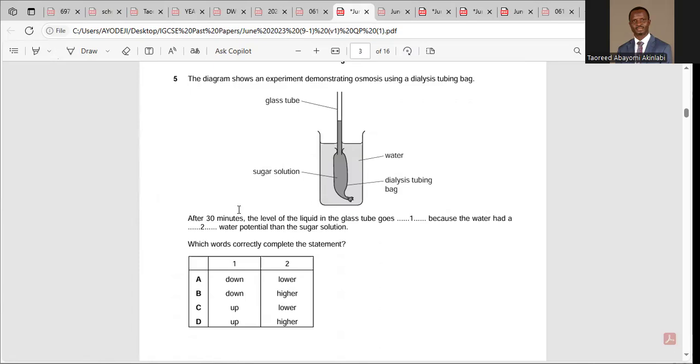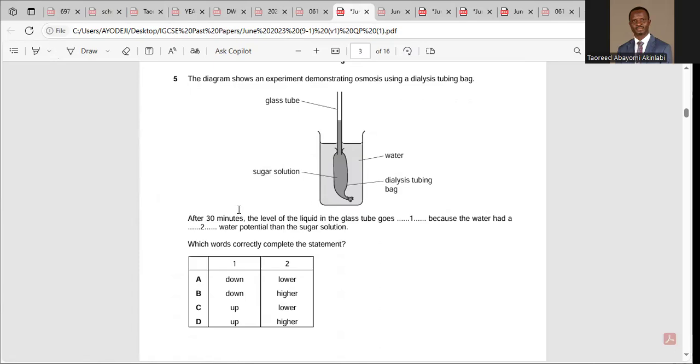And the partially permeable membrane is the dialysis tubing bag. That means water will move from the beaker into the glass tube, so the level of water in the glass tube will rise.